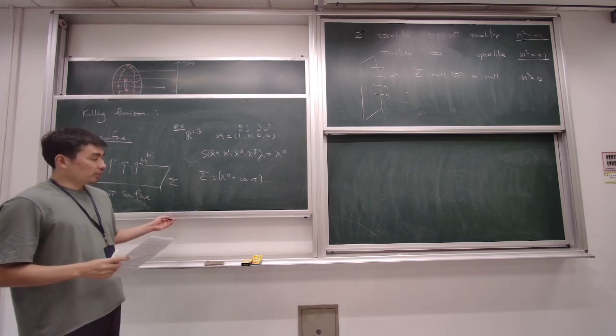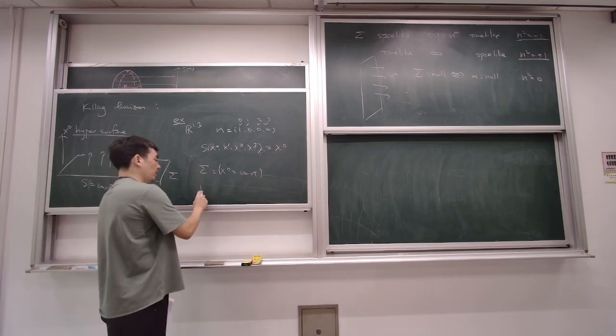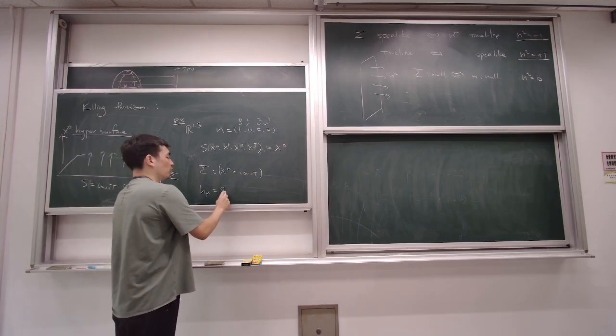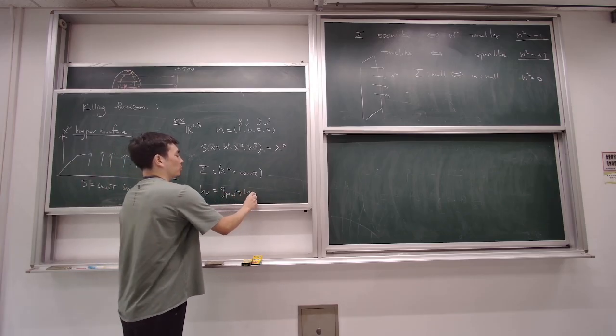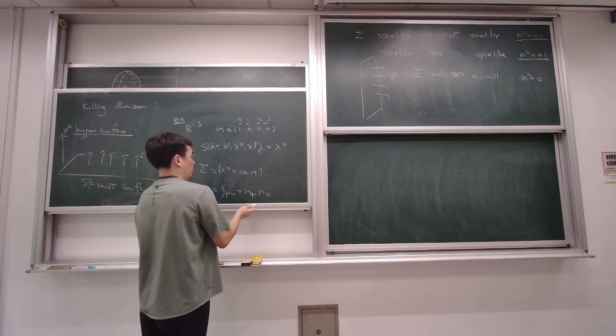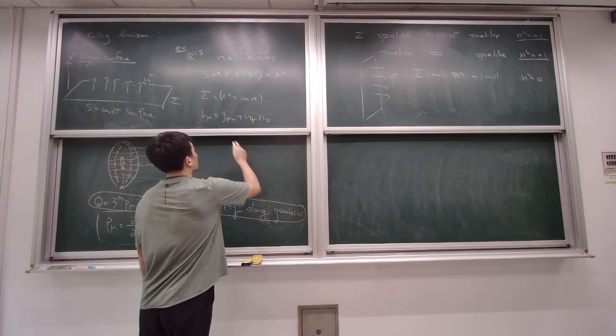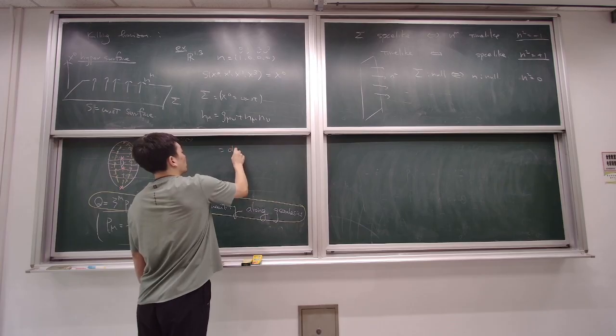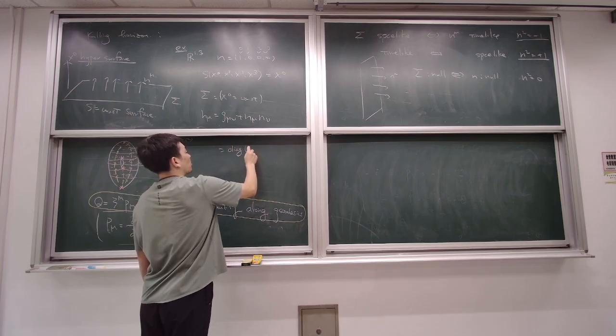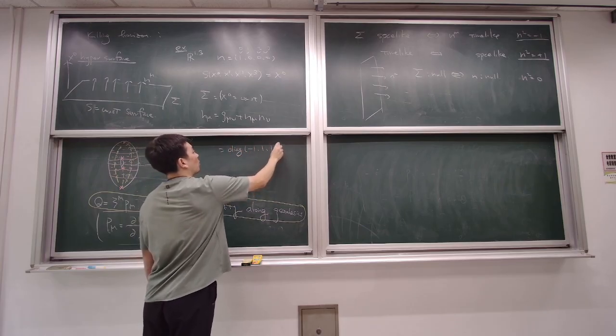And then in this metric, h mu nu is equal to g mu nu plus n mu n nu. This one g is the diagonal (-1, 1, 1, 1), right?